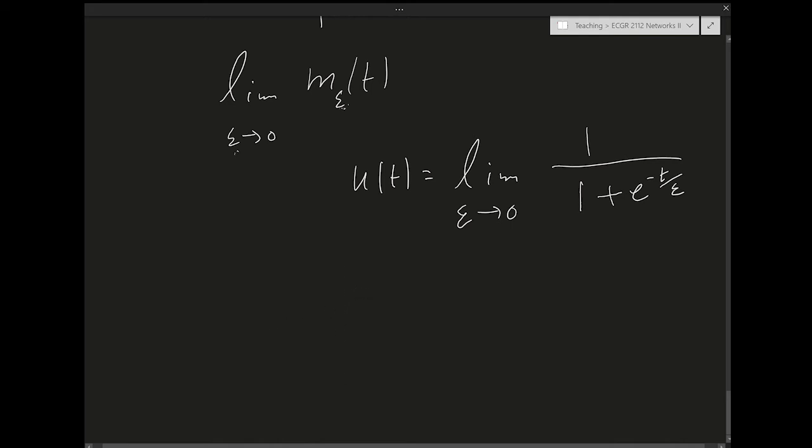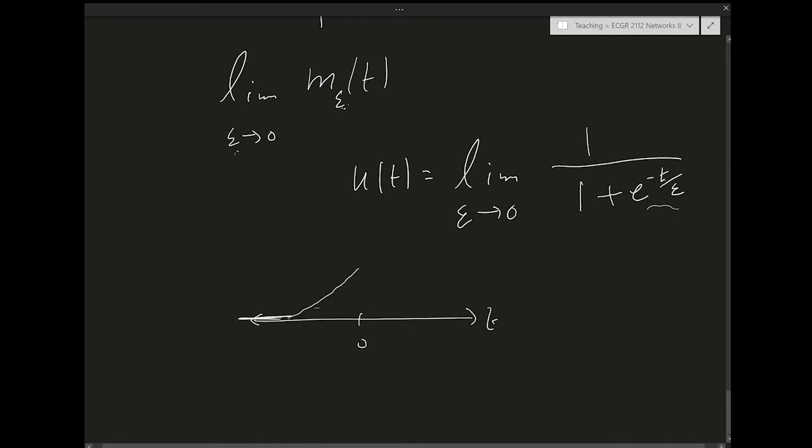Let me draw the sequence. Let me start with small epsilon. The function is going to look like this. This is t equals 0. For very negative t, e to the minus t over epsilon is e to a large number, so it's 1 over infinity, which is 0. Then it goes up like this.